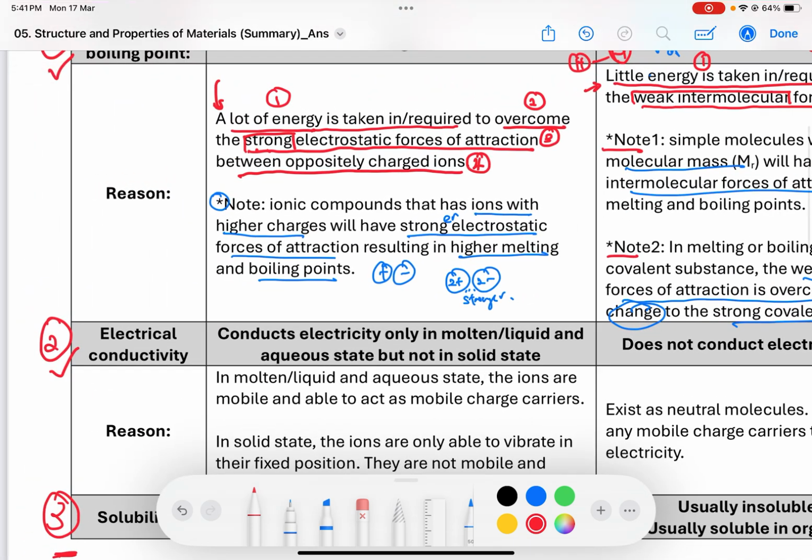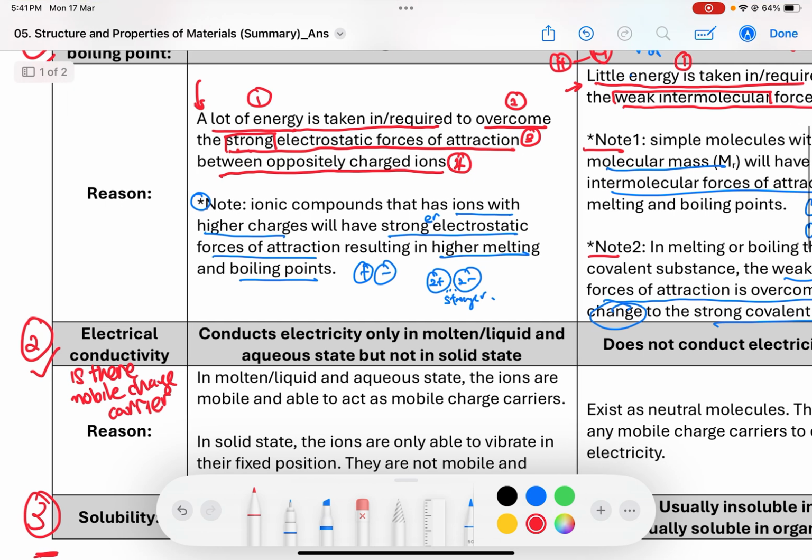So when we look at electrical conductivity, we are looking at whether there are mobile charge carriers. For a substance to conduct electricity, charges must be able to move inside there. If there are no charges that can move, then it cannot conduct electricity.